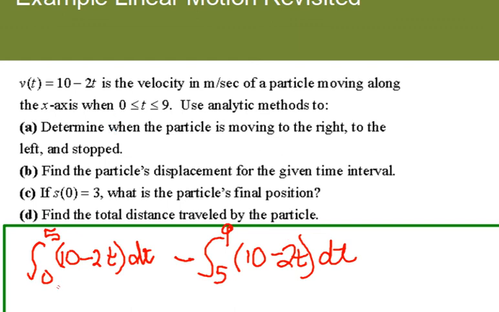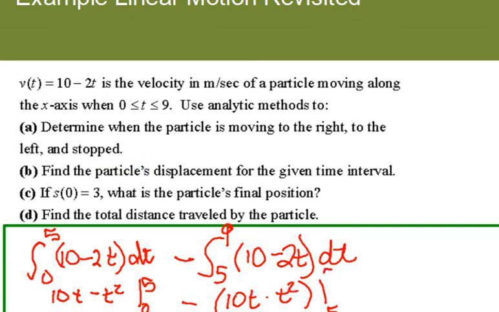So we're going to use our antiderivative again, which we know is 10t minus t squared from 0 to 5. And we're going to do 10t minus t squared from 5 to 9. And use your notation, use your parentheses, they need to be in there.